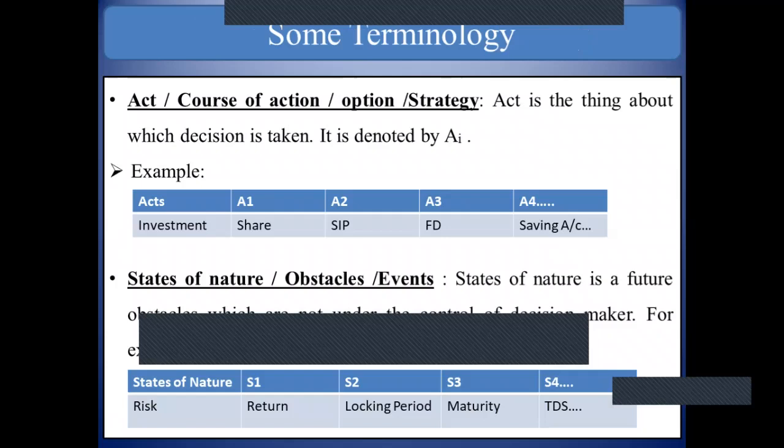The first terminology is known as act. It is also known as course of action or option or strategy. Suppose India and Australia are playing a cricket match. India is batting and Australia is bowling. Now, as batsmen, India will decide to score more and more in 50 overs.